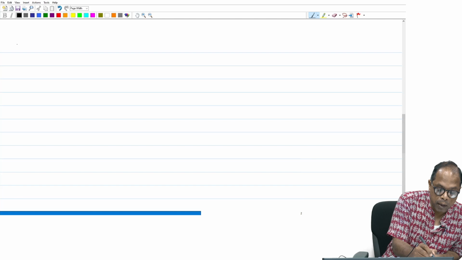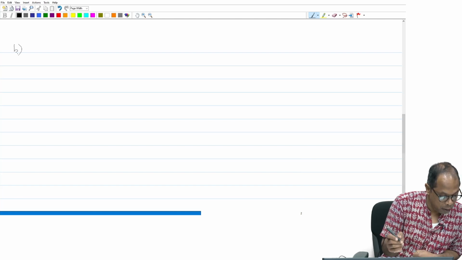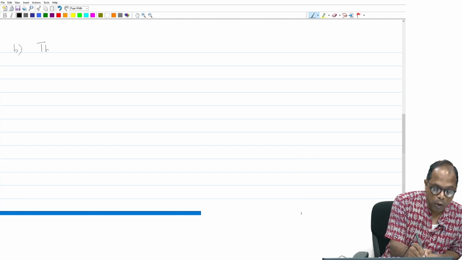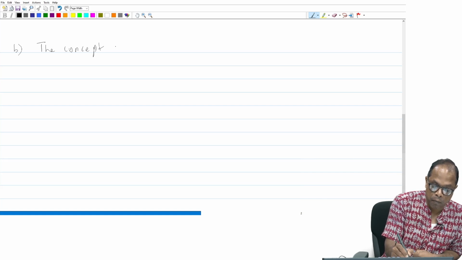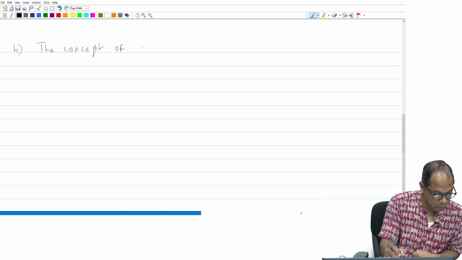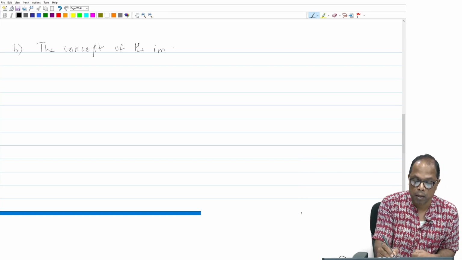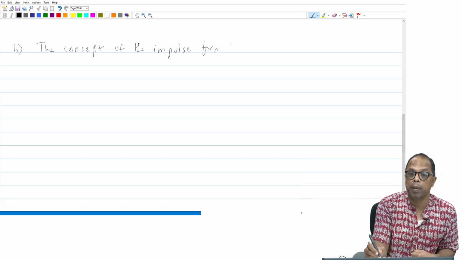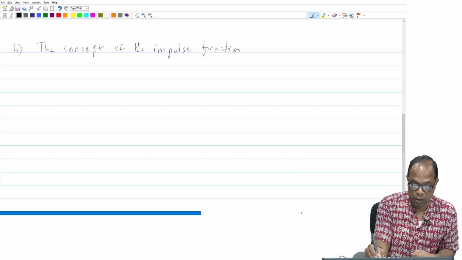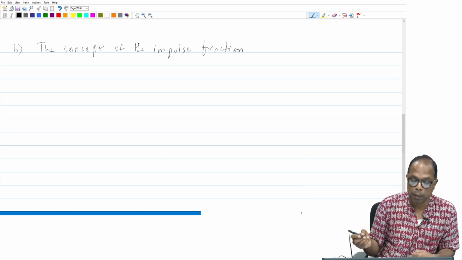Continuing with the background that's required, you will also encounter the concept of the impulse function. Now, what is this impulse function?